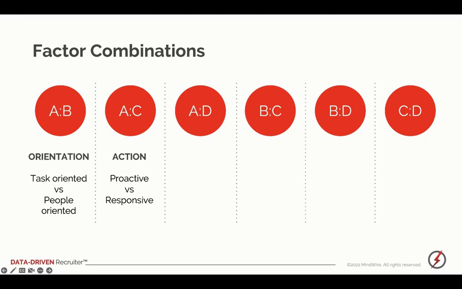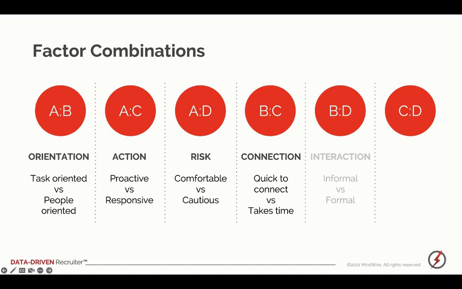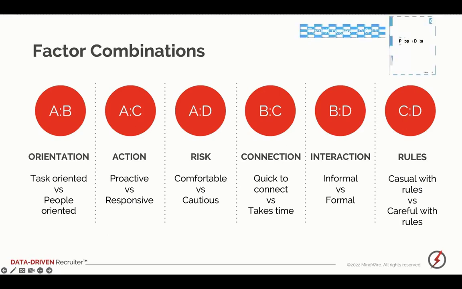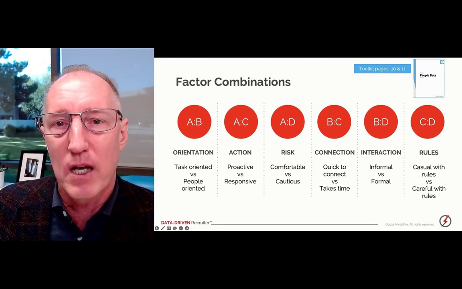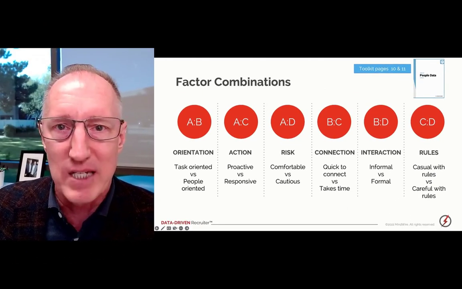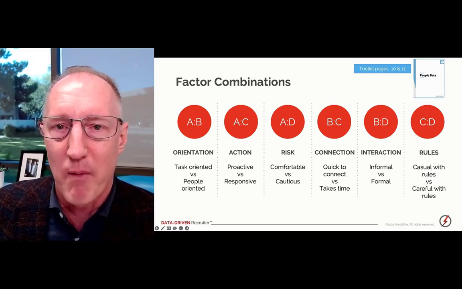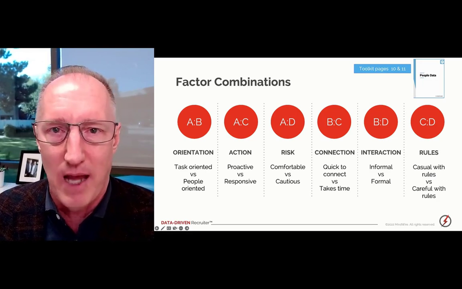Driven, competitive, fast-paced. As we look at the individual factor combinations, we can identify specific things about a person's behavior or about what I might need in a given job. A really great place to learn what those factor combinations tell you is in your toolkit. Pages 10 and 11 should have those marked, and you should be going back to them time and time again.